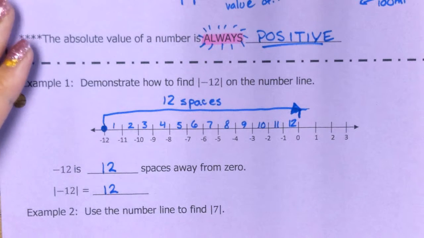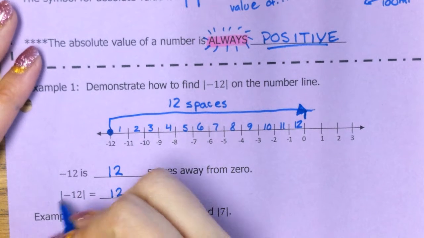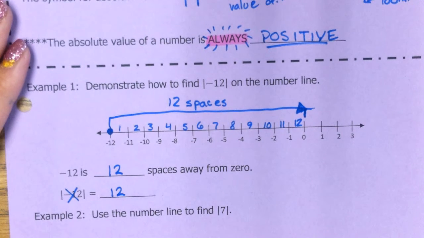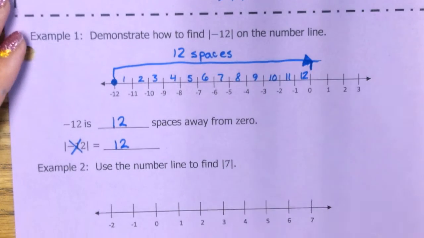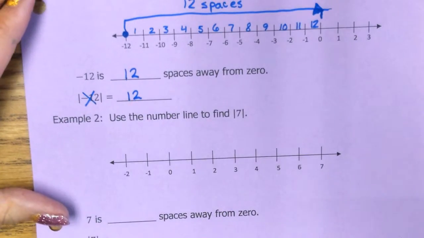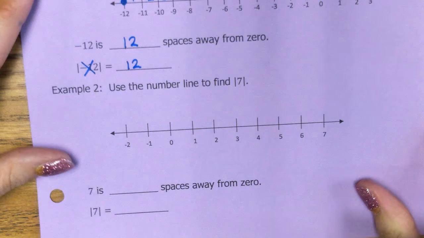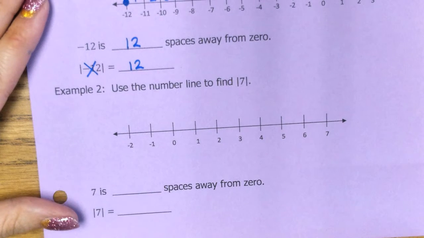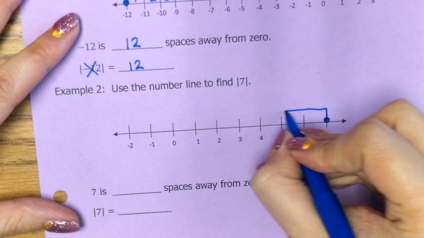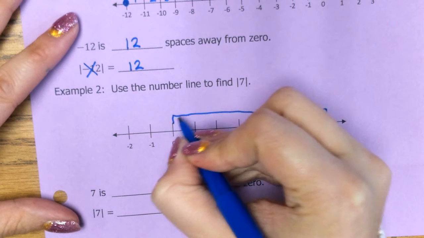And when you see this, you should think it's like solving. So I would cross this out because I'm going to solve it and it becomes 12. Let's look at the next one. Same idea here, just a different number. This is 7. So demonstrate the absolute value of 7. I'm going to start at 7 and go all the way to 0.